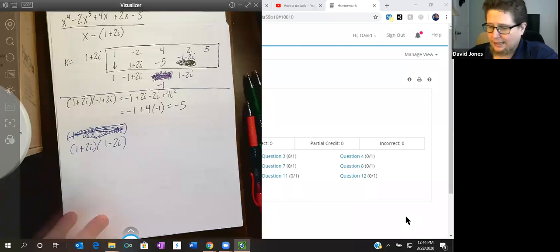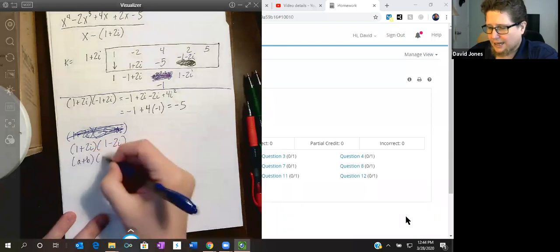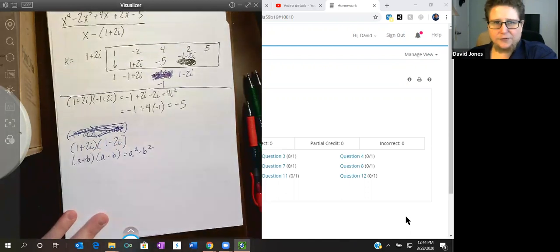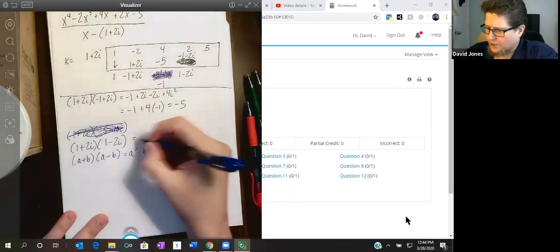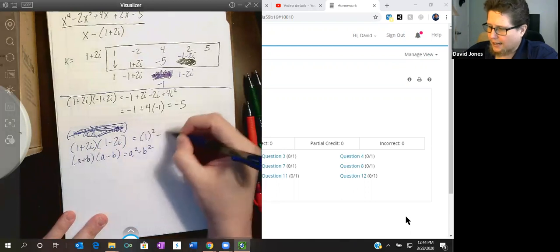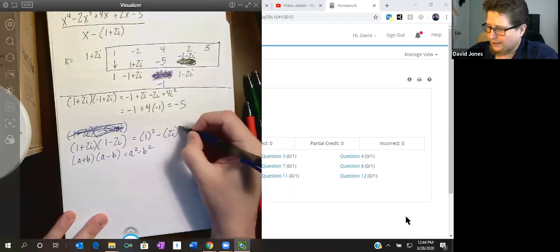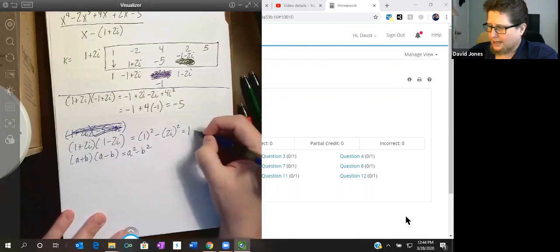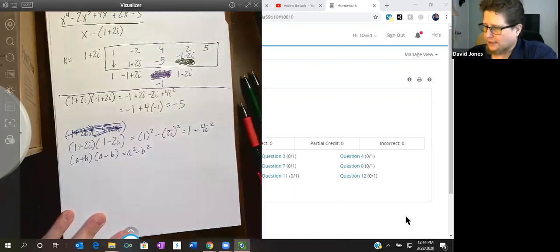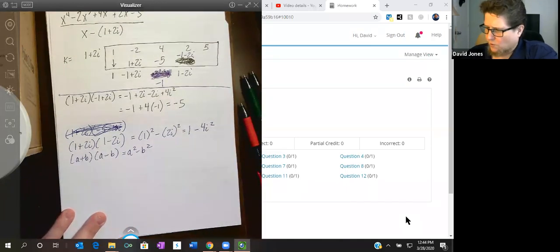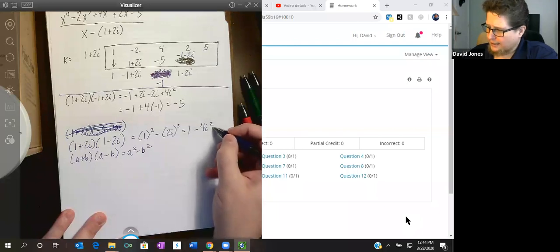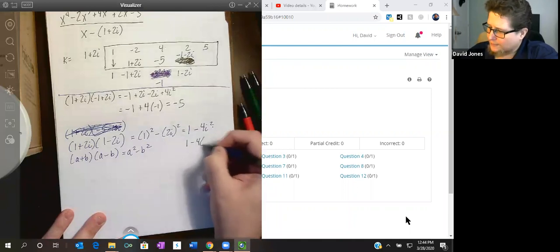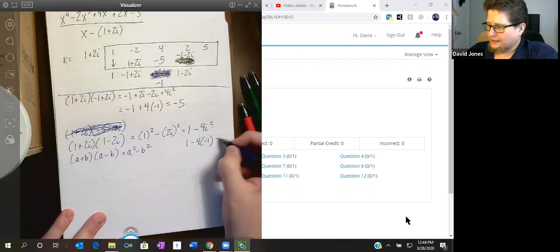This is actually a plus b times a minus b, which is a squared minus b squared, the difference of squares formula. So this is 1 squared minus 2i squared, which is 1 minus 4i squared. 1 minus 4 times negative 1 is 5.